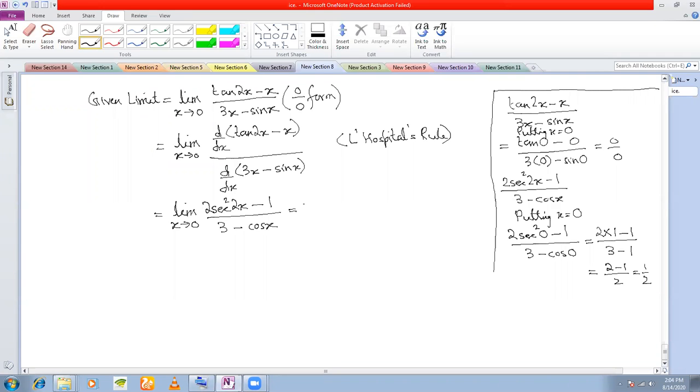Luckily here you got it in the first one only, unlike the last example. So 2 sec square 0 minus 1 divided by 3 minus cos 0. 2 into 1 square, because sec 0 is the reciprocal of cos 0, which is 1, minus 1, which is equal to half. Fine.